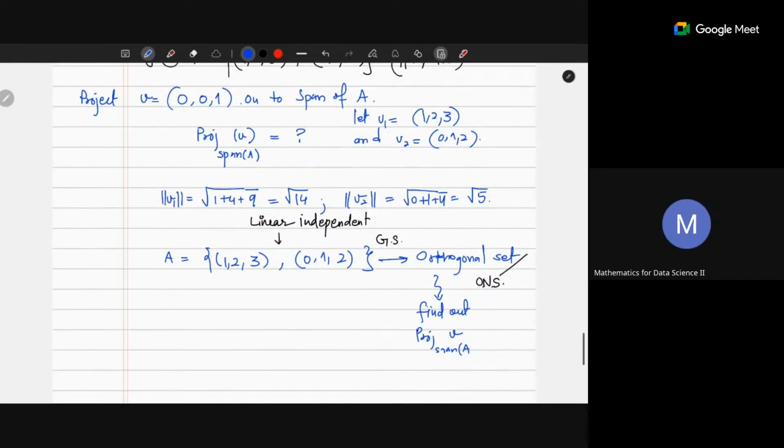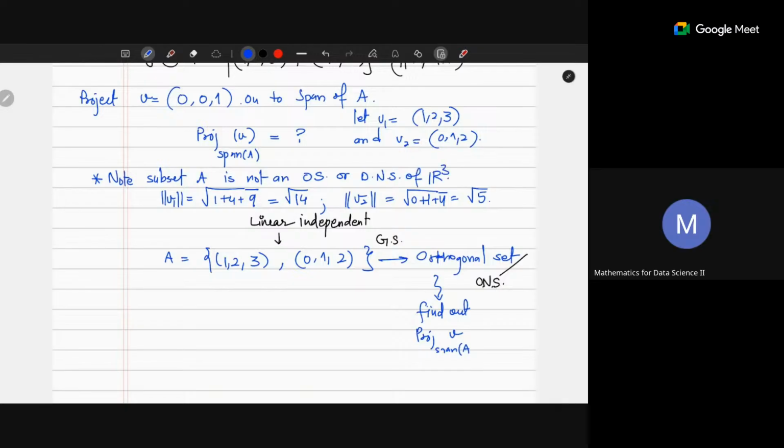And we have noticed that these vectors are not orthonormal. So note that V1, V2, subset A is not an orthogonal subset or orthonormal subset of R3.